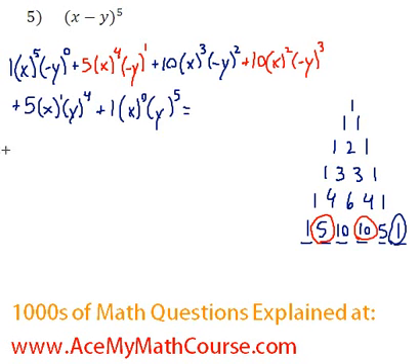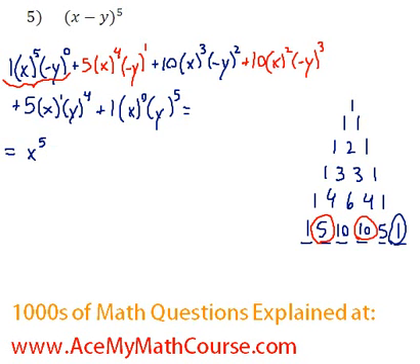Okay, so let's figure out what this is going to look like in the end. Right here, we have 1x to the 5, negative y to the 0 is just 1. So 1 times x to the 5 is just x to the 5. Then here we have 5x to the 4 times negative y. That will be just negative.